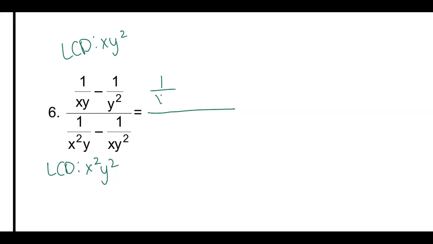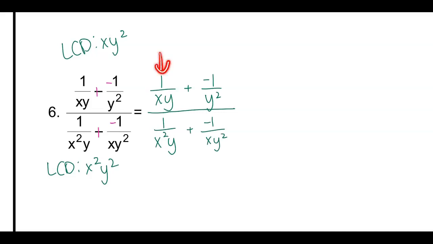So let me rewrite my fractions. Oh, and since I have that negative, make it a plus negative. And I have another negative down here, so plus negative, so I don't lose it. Especially on this question, I'd probably put that plus negative to make sure you don't mess that up. So in this first fraction up here, Desiree, what do I need to multiply this first fraction by?